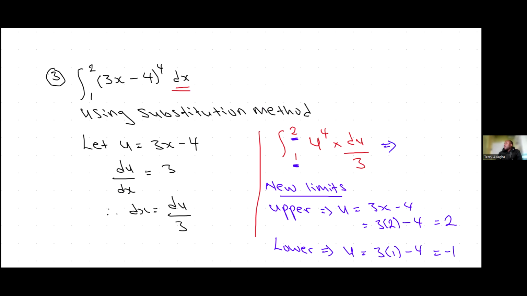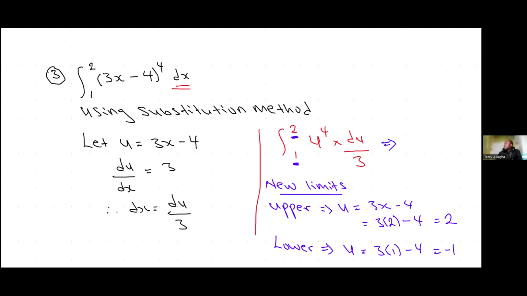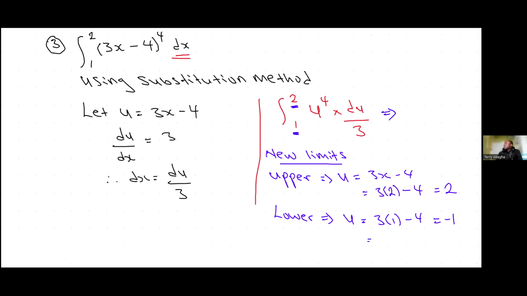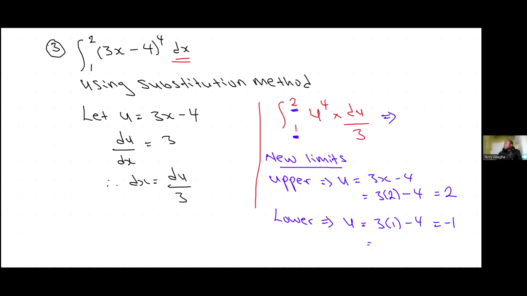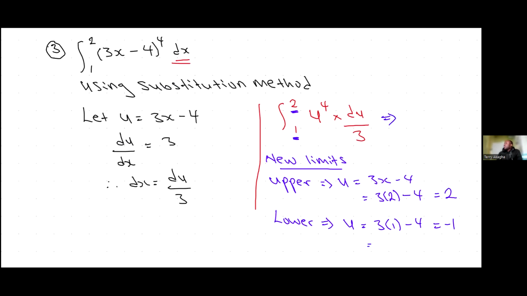So the limits we have for x, so we have 2. What we put in 2 here is going to become 2, then minus 1, u raised to the power what? 4, and multiplied by du over what? 3. Okay? u raised to the power 4 times du over 3.